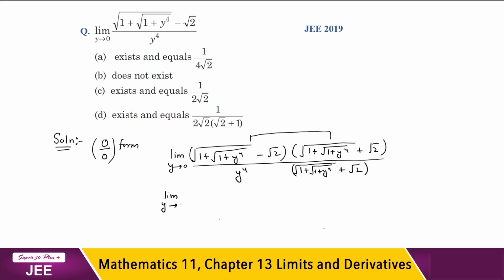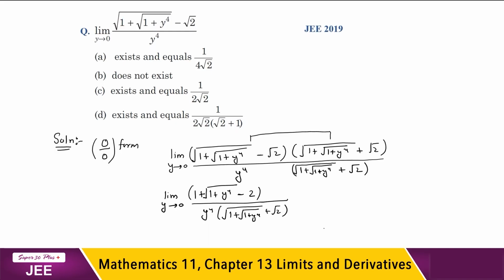So we are left with 1 plus y raised to the power 4 under the square root, minus 2. We have just applied a square minus b square for these two terms. This was a and this was b. And in denominator we have y raised to the power 4 multiplied by this term.